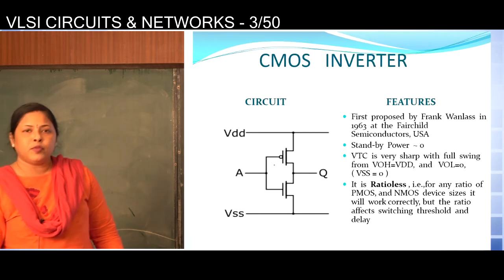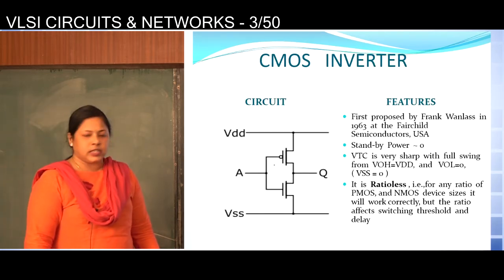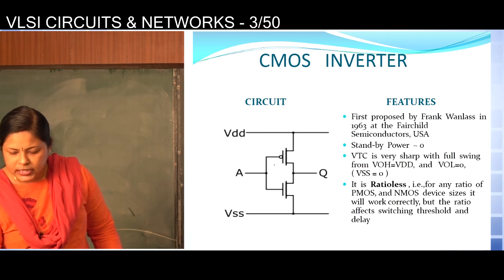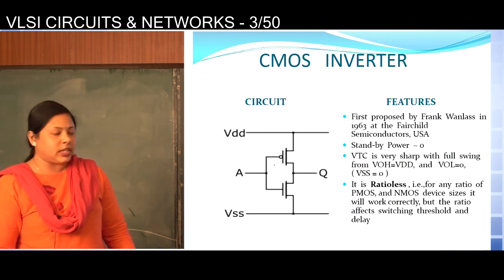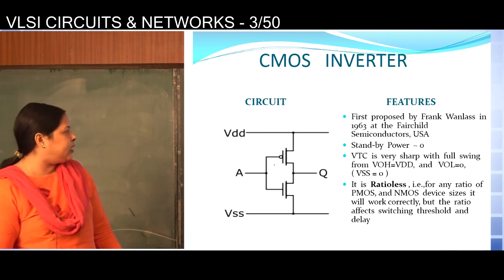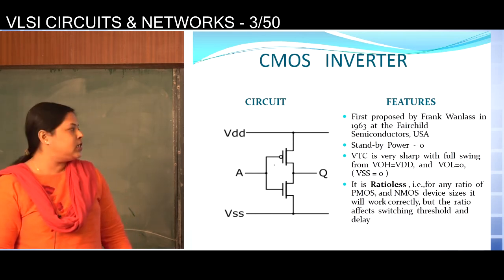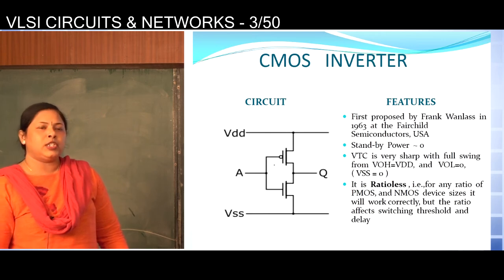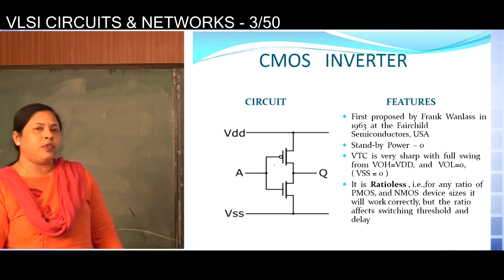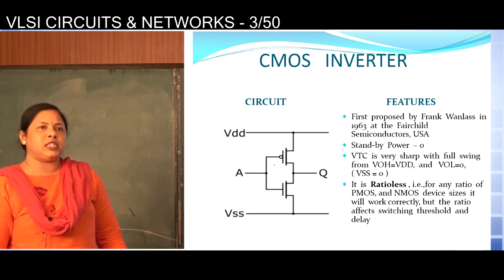Now how are we getting these voltage transfer characteristics? Basically we are getting the voltage transfer characteristics for different input voltages. Suppose we are giving at first 0 input voltage. So 0 means the lower transistor will not conduct, upper transistor will conduct.